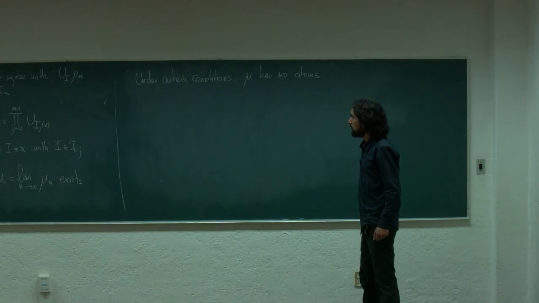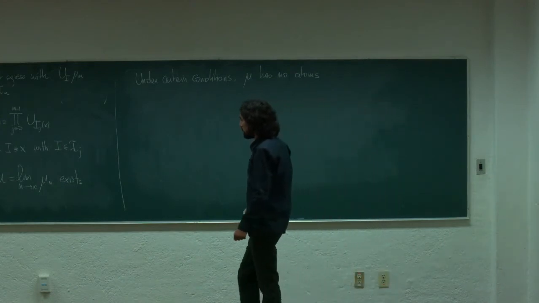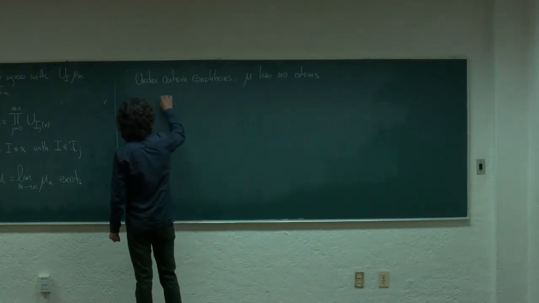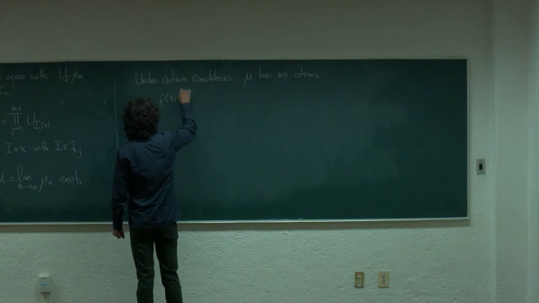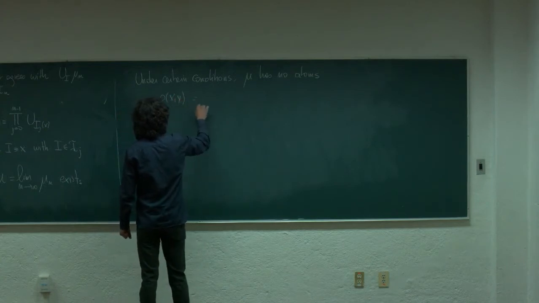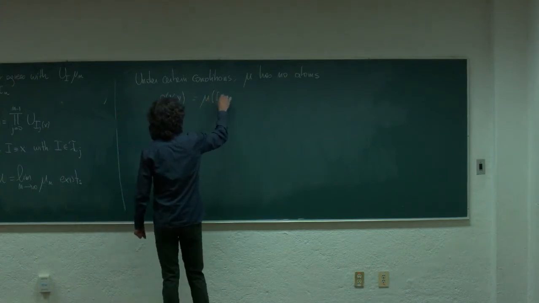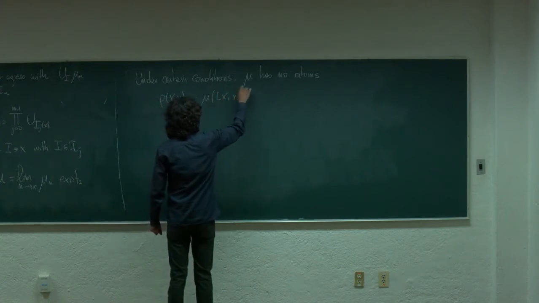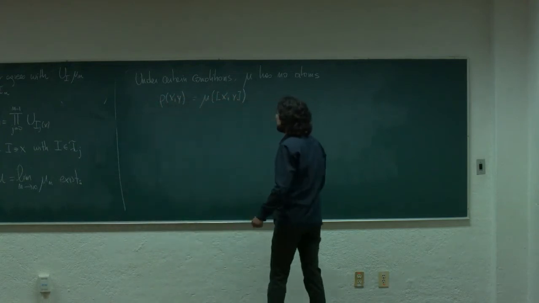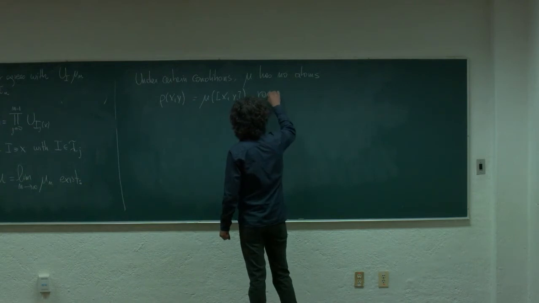Okay? So now you can define a metric on [0,1] by just considering the measure of the interval [x,y]. So this is a random metric.